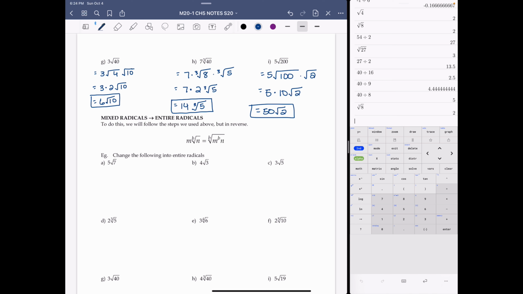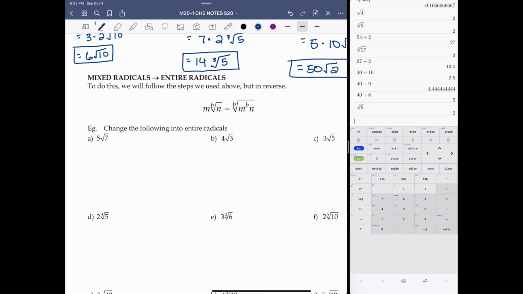Going the other direction, from mixed radicals to entire radicals. To do this, we follow the steps we used above, but we go in reverse. Change the following into entire radicals. 5 times the square root of 7. If we want to put 5 under the root sign, we have to put it to the power of 2, because to take it out, we square root it.